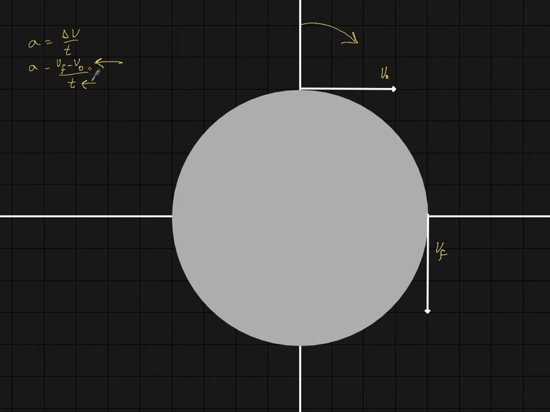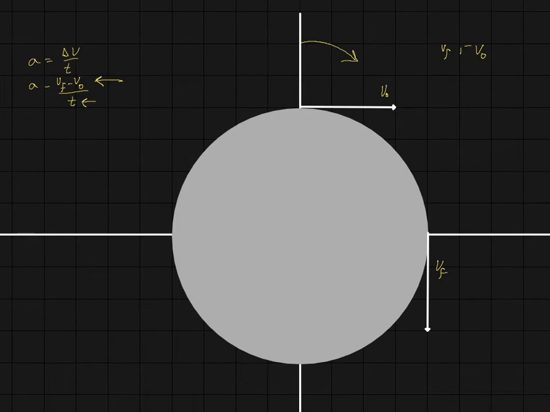So we're just going to do some head to tail vector addition. We're looking for v final minus v initial. Well, v final minus v initial is the same thing as v final plus a negative v initial. If v initial points to the right, then a negative v initial points to the left. And so we know that it's going to be 3 blocks long.